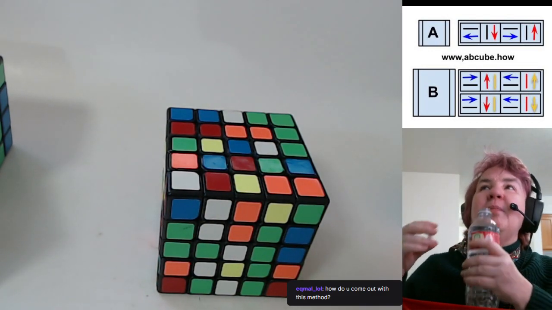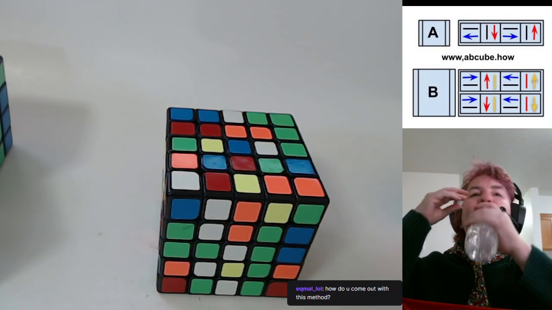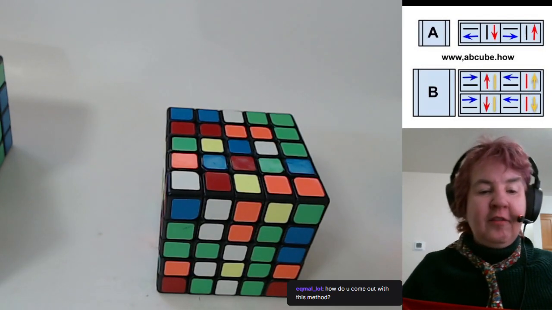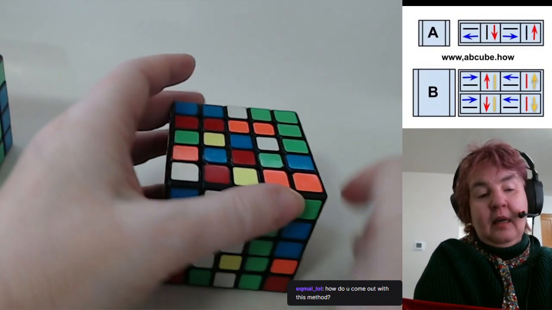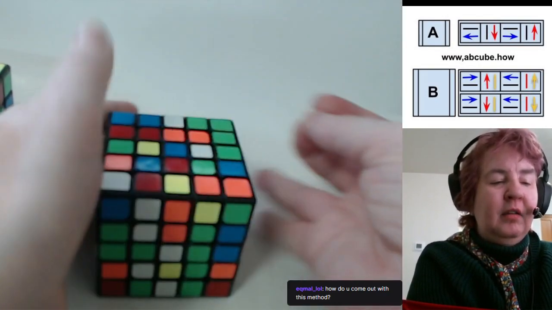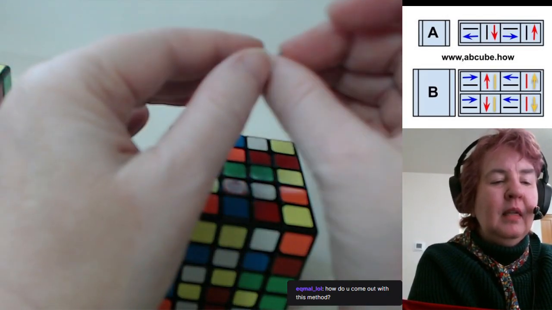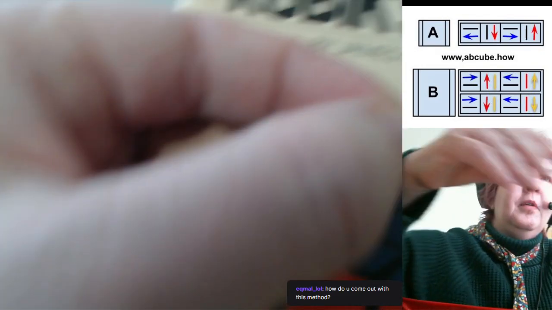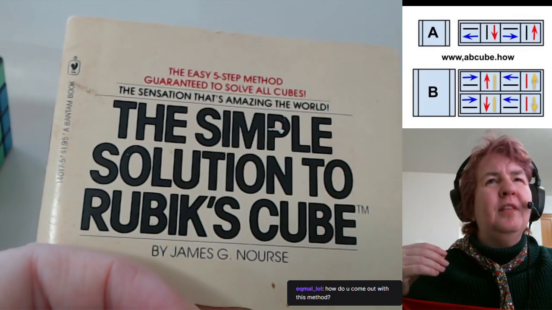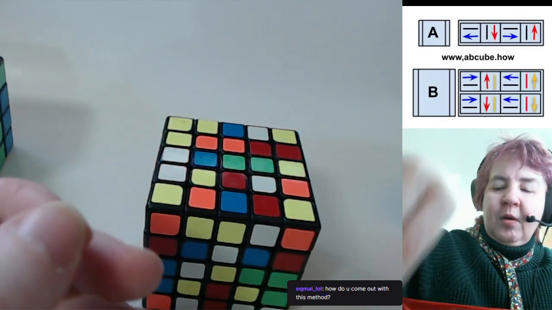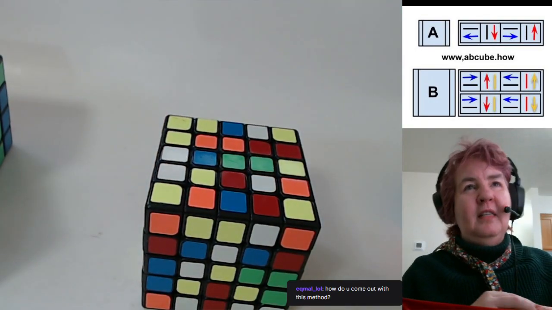How do you come up with this method? Good question. Thank you for asking. I have been cubing and teaching cubing off and on since '81, when the cube first came out. I bought this book from the corner store, the equivalent of this book, Simple Solution to Rubik's Cubes, and memorized it.